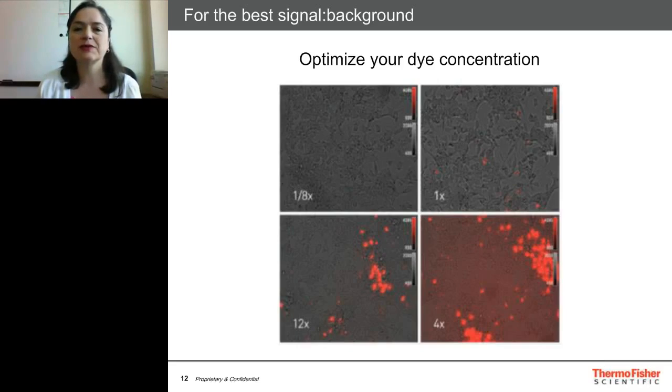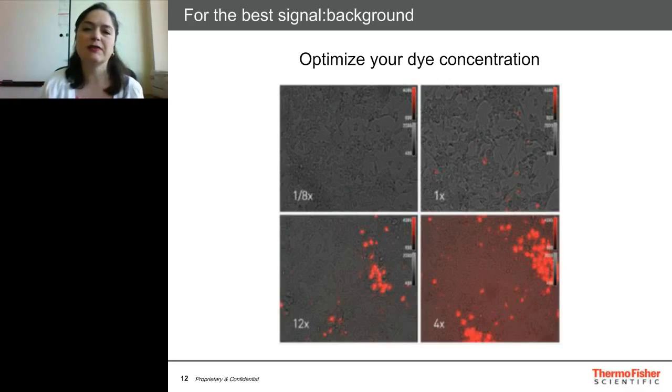The one labeled 1x is the optimal amount of signal to background, and the next panel should be labeled 4x. I apologize, somehow the concentrations got changed on the bottom there. In the bottom panel, it looks like your signal is brighter, but the background has also increased, so it's not the best concentration to be using.